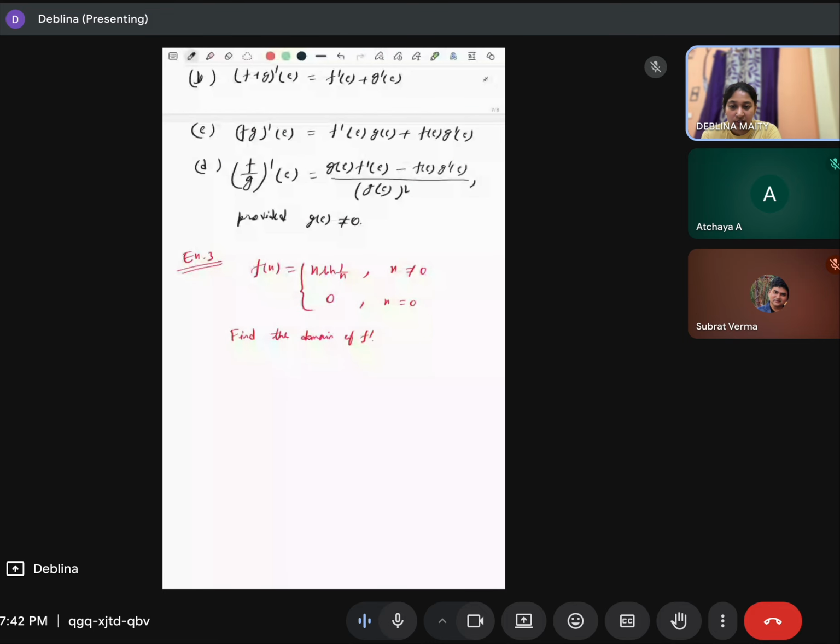If x is not 0, then you can clearly take the differentiation f dash.